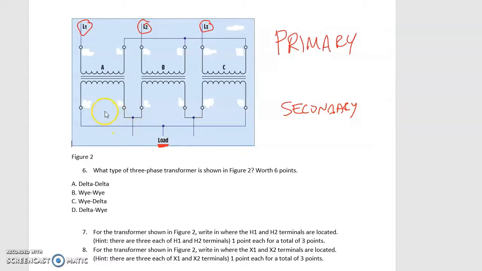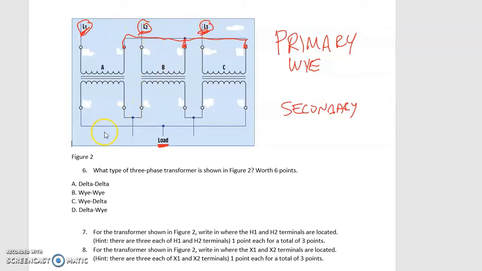What kind of connections do we have? At the top, on the primary side, we see that these 3 points are tied together. And we learned that when we have that, that's a Y connection. So 3 points of the 3 coils are tied together, and then on the other sides of the 3 coils, our input voltages are tied.